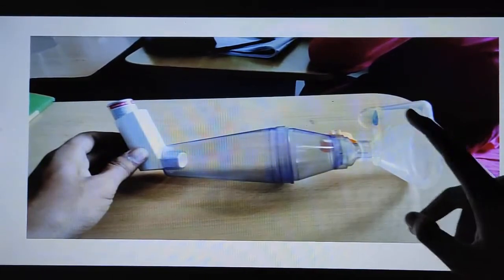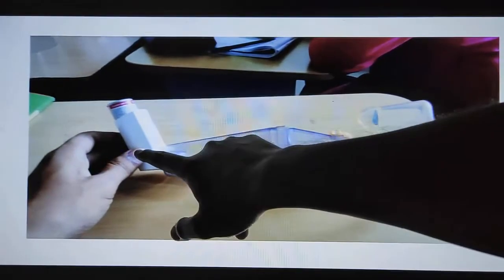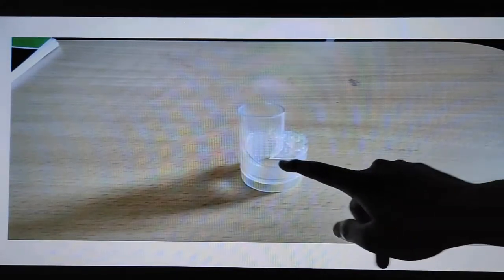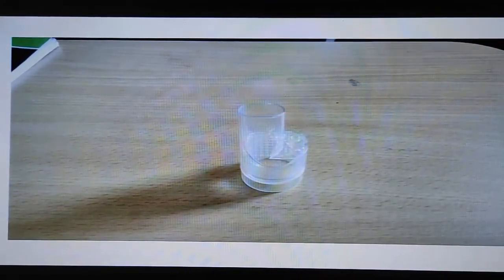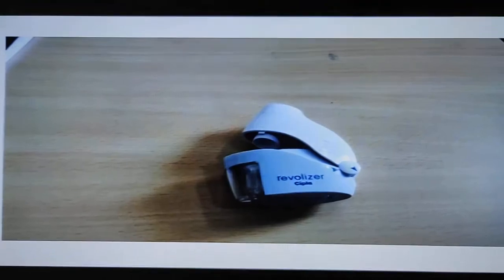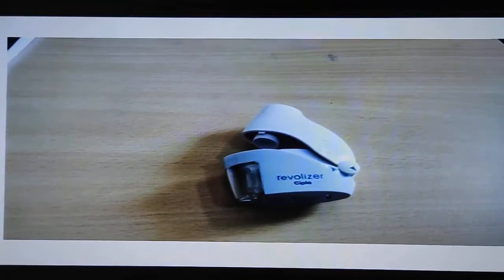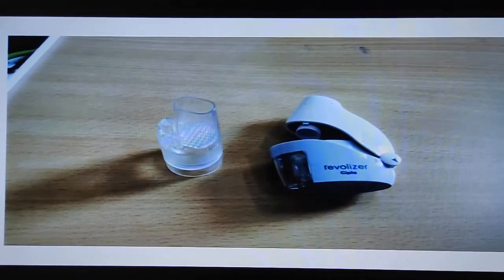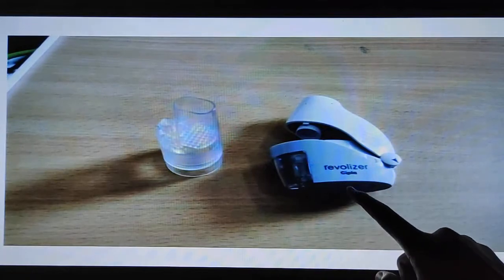So face mask, spacer device, and metered dose inhaler with canister containing bronchodilators and anti-inflammatory substance are assembled together. This is rotahaler. This is autohaler.